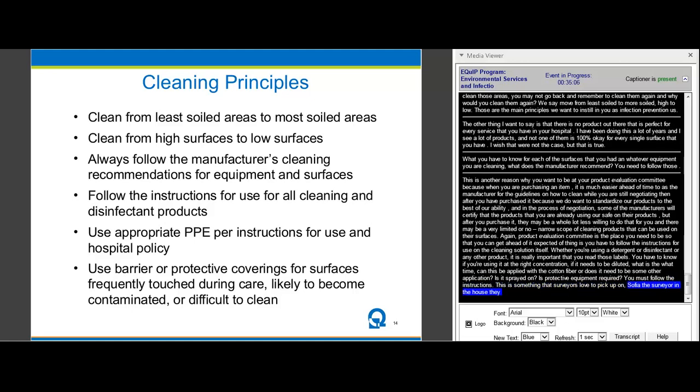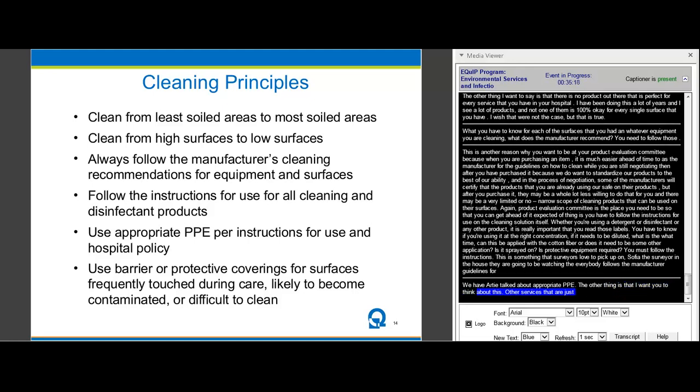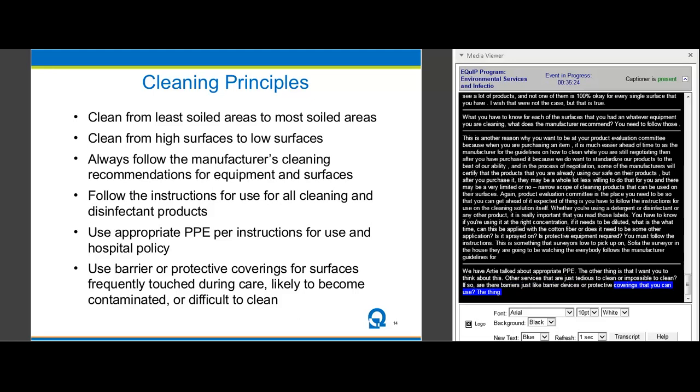The other thing is I want you to think about this. Are there surfaces that are just really tedious to clean or impossible to clean? And if so, are there barrier devices or protective coverings that you can use? I mean, the thing that comes to mind for me is the keyboard covers, like if you have an electronic health record where the computer stays in the room, are you using a keyboard cover?